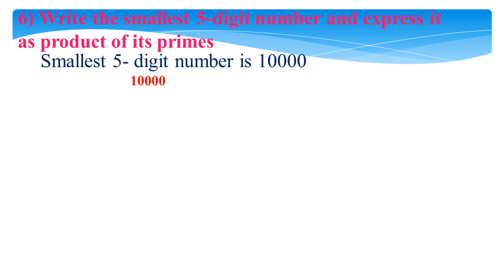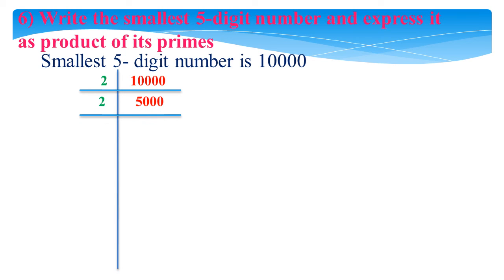Now we write 2 to the left of 10,000 and dividing 10,000 by 2 we get 5,000. 5,000 is an even number, so it is divisible by 2. 5,000 divided by 2 we get 2,500.